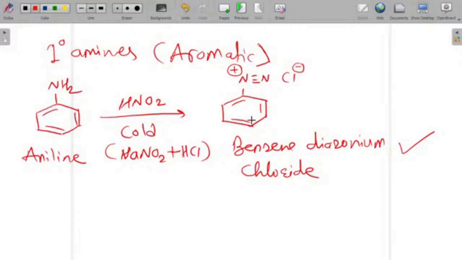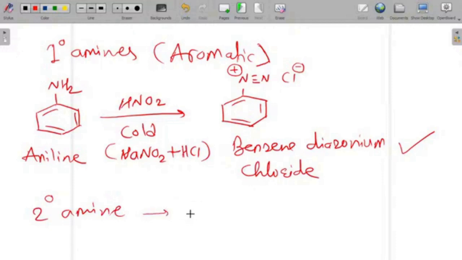So one of the exceptional reactions is with the tertiary amines, which are aromatic amines, that we will see now. Secondary amines again are going to form the nitrosoamine, and the tertiary amines, now see here, secondary amines that we have already seen.